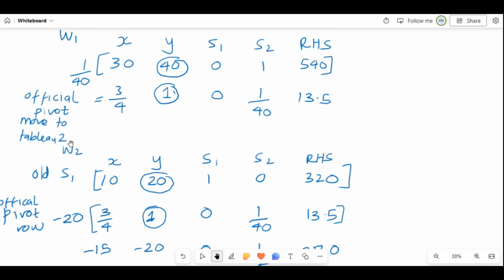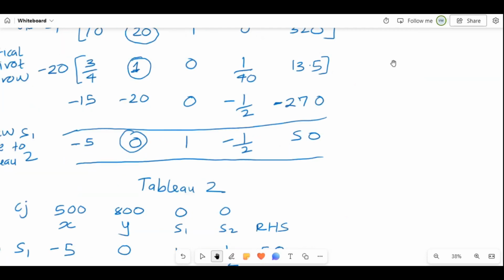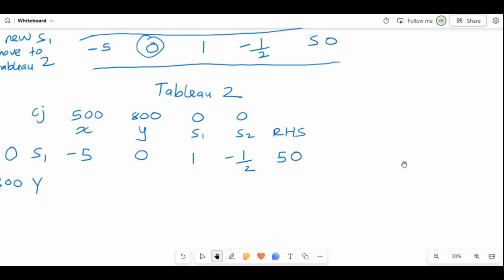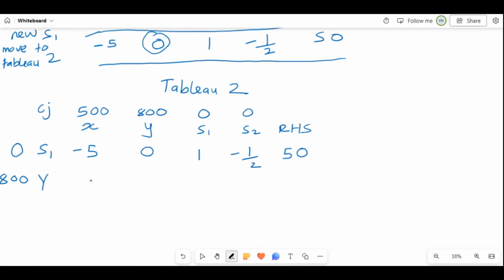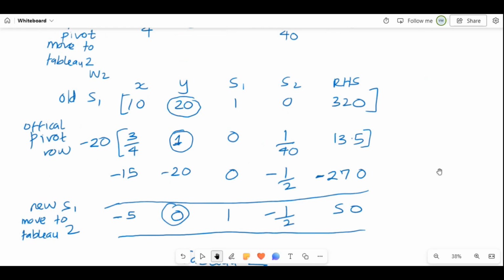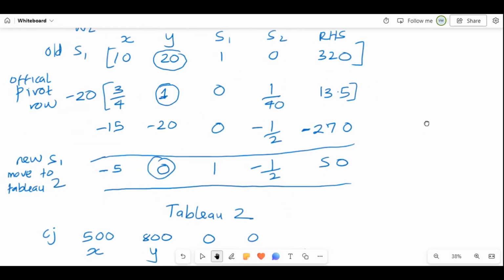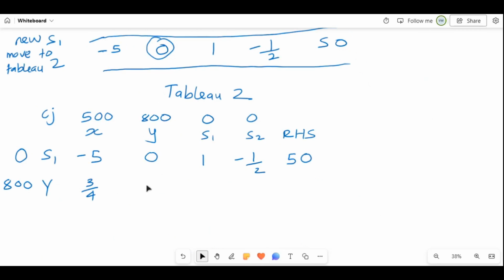That is the one that we move to tableau 2. So we'll have 3/4, 1, 0, 1/40, and 13.5.